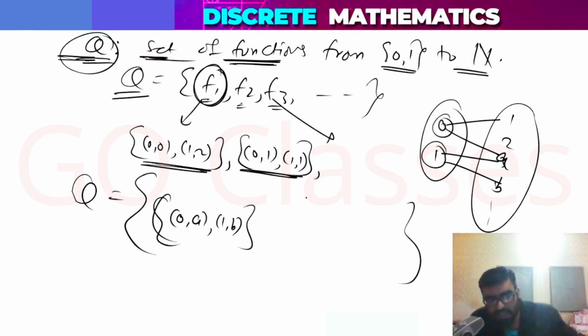From this you can understand that every function will look something like this: 0 will go to a and 1 will go to b, where a and b are natural numbers. So far I have just told you what this Q is. Now we need to show that this Q is countable.